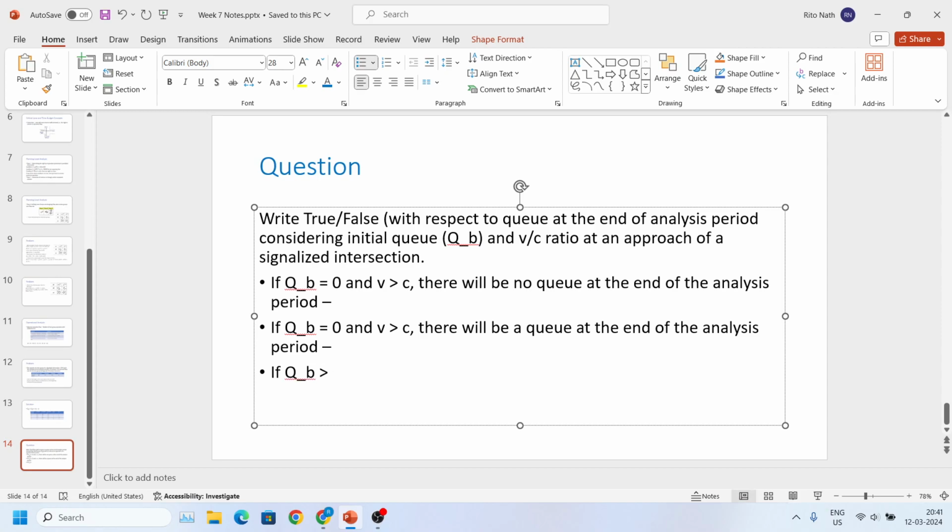So if now QB is greater than 0, that means you have some initial Q, and this V by C is this.